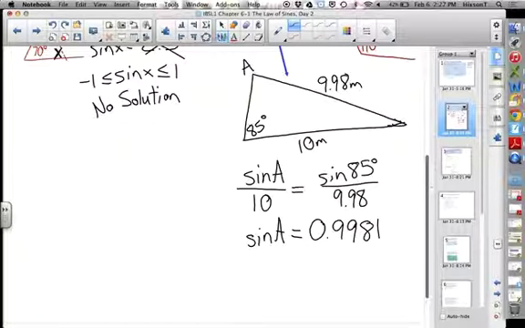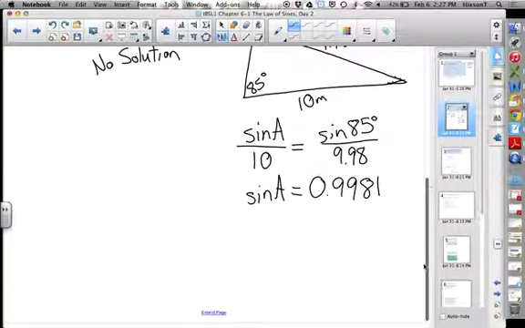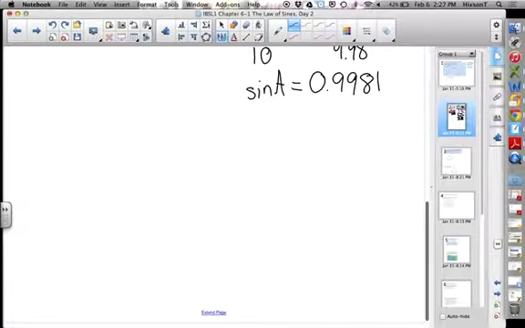So now we need to do the inverse sine, correct? What do you get for A? 57.413. Something's not right there. 86.46.